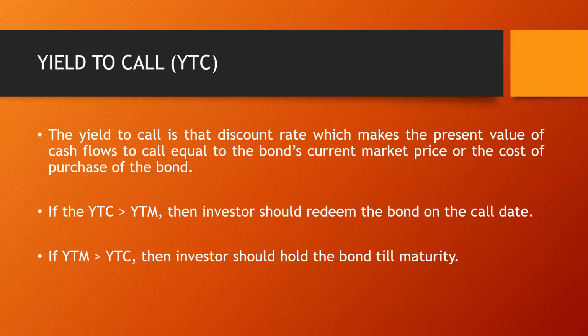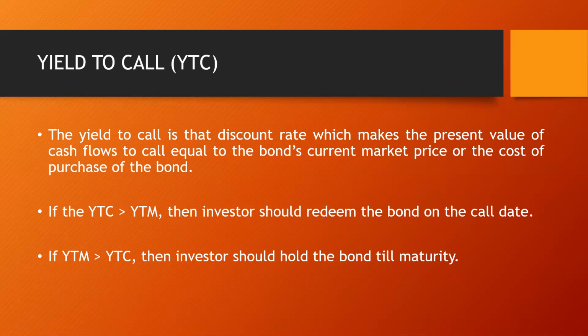So yield to call is that discount rate which makes the present value of cash flows to call equal to the bond's current market price or the cost of purchase of the bond. See, if I see that the yield to call is higher than yield to maturity, then the investor should redeem the bond on the call date.